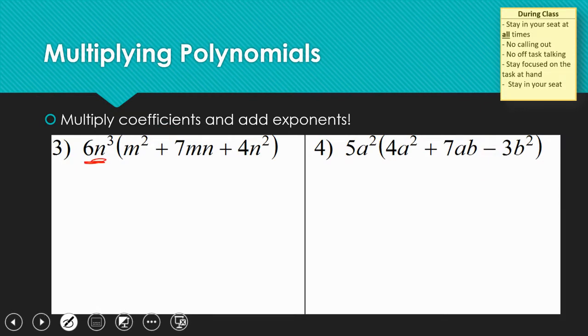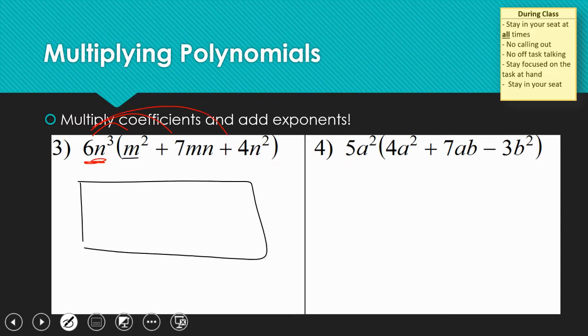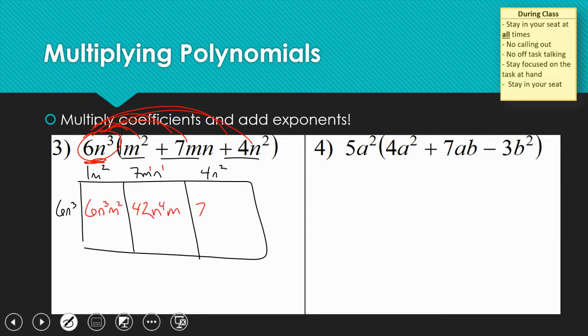When there's only a monomial, my suggestion is just distribute. So if you're making a box, you want to think about that concept. It's the same thing as if you distribute.